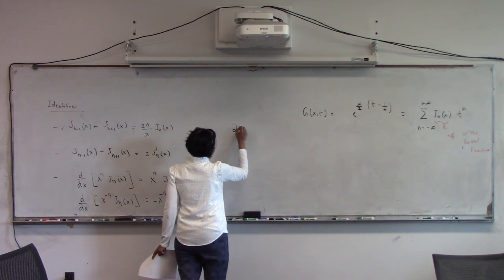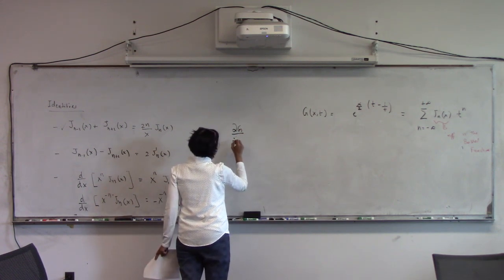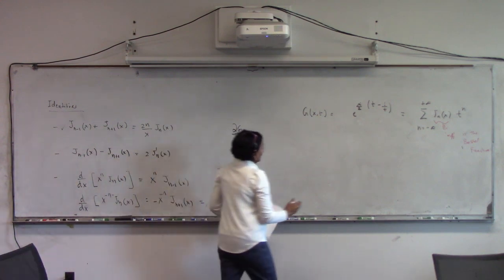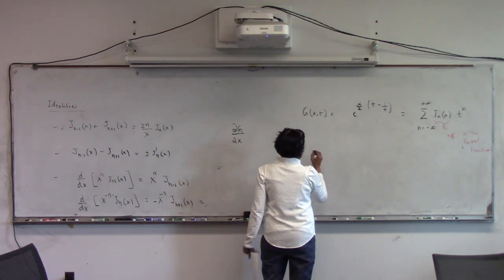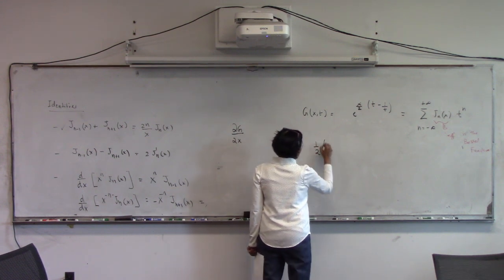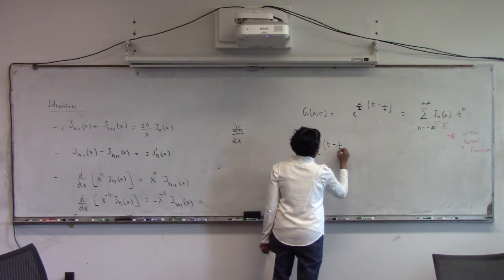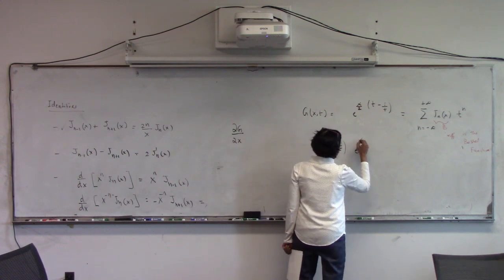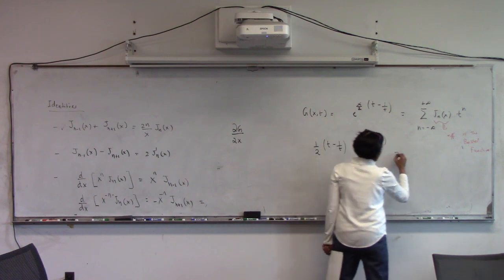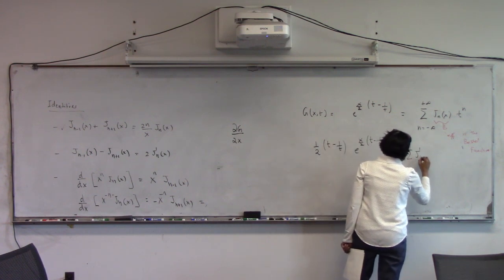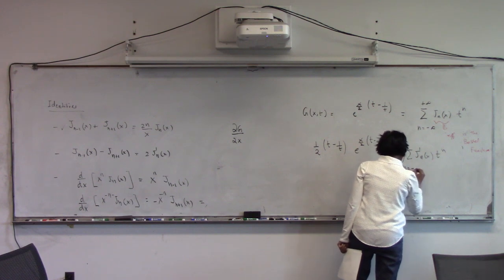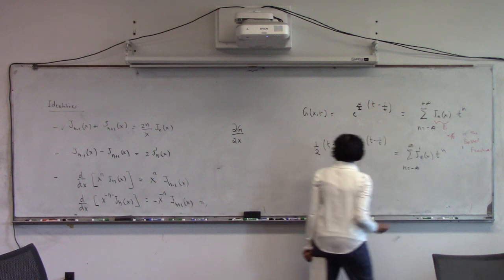Now, should we take partial of g with respect to x now? Because I got prime here. So what do I get? Half t minus 1 over t exponential of x over, minus, okay, j prime nx t to the n, n going from negative infinity to plus infinity.